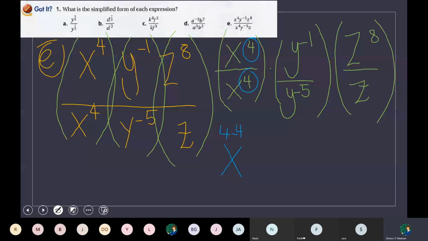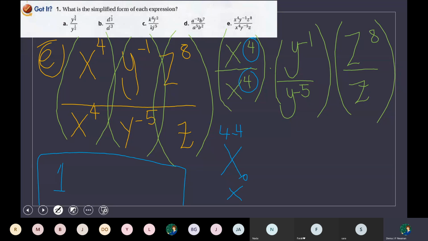So actually, x raised to 0. Is it right? And x raised to 0 is equal to what? 1. Thank you. So the answer here is 1.